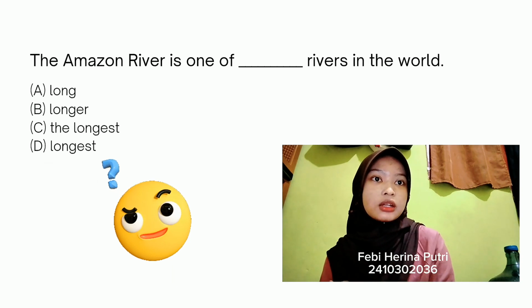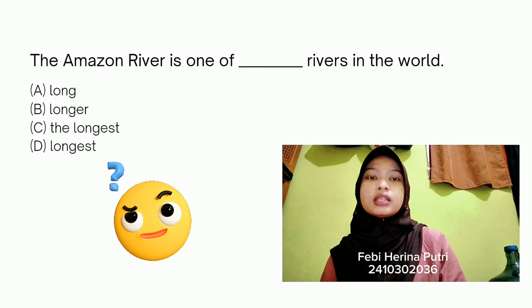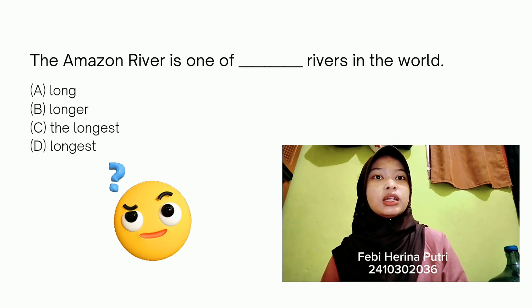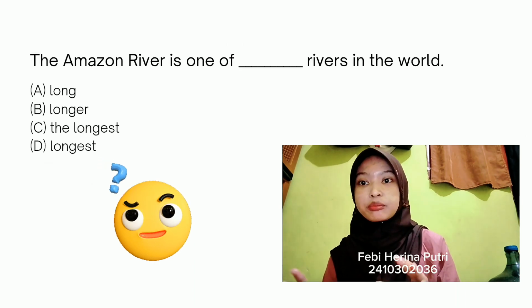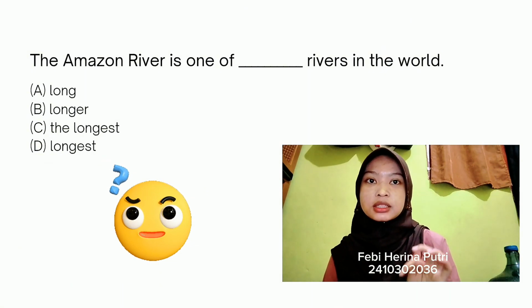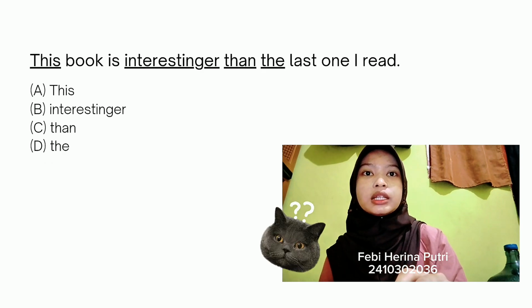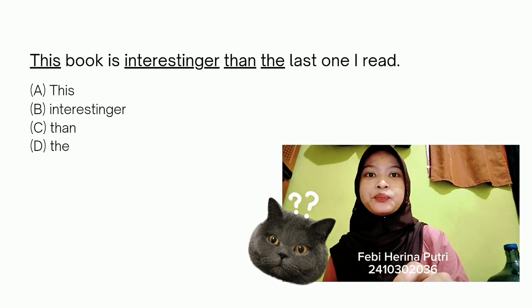B, longer, is not superlative either, so this is also wrong. D, longest, is superlative, but we need the before a superlative adjective, so the correct answer is C, the longest.